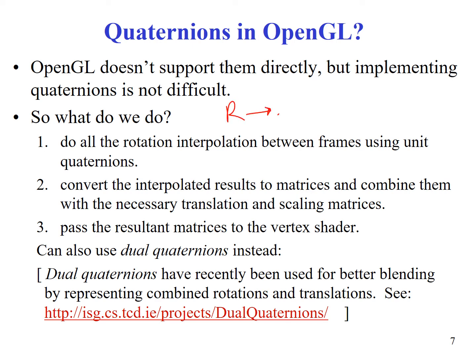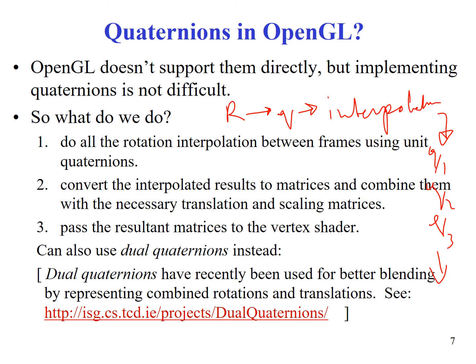So rotations to quaternions, then quaternion interpolation. Interpolating quaternions will give us many quaternions, Q1, Q2, Q3, and then we convert those quaternions back to rotation matrices and pass them through our pipeline by giving them to the shaders.